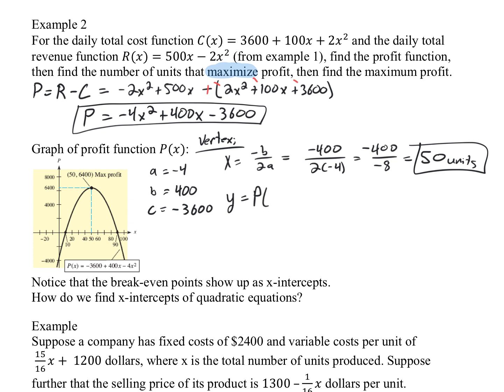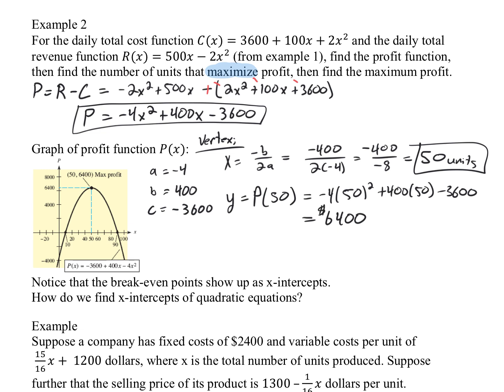So this is p of 50, and then we can go ahead and plug 50 into that equation. So negative 4 times 50 squared plus 400 times 50 minus 3600. And when you plug that in your calculator, you should get 6,400. This time the label, P is what we were computing, so an appropriate label would be dollars.